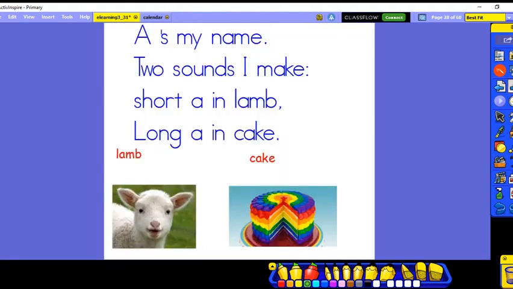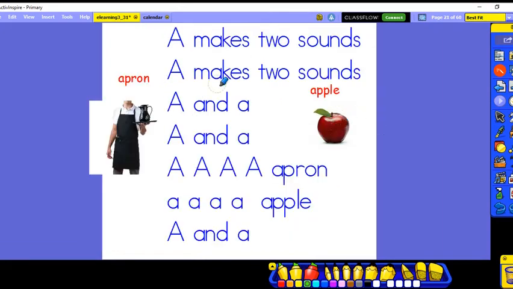Okay, so here's our little poem about long A. A's my name, two sounds I make. Short A in lamb, long A in cake. And you can hear the A say its name in cake. Lamb, like Pam the lamb, has the short vowel sound. Oh, here's our little song.